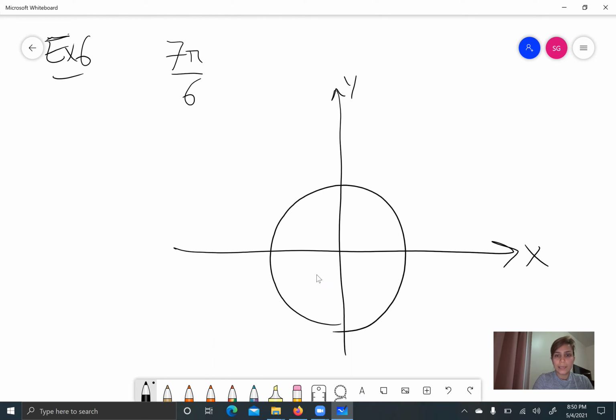The unit circle is a circle centered at 0 with radius 1. Okay, 7 pi over 6 is like 6 pi over 6 plus 1 pi over 6, since 7 is 6 plus 1. So this is going to be pi plus pi over 6.